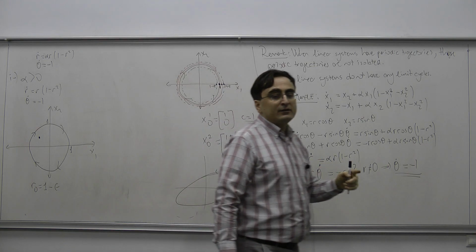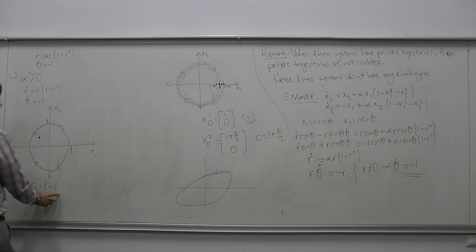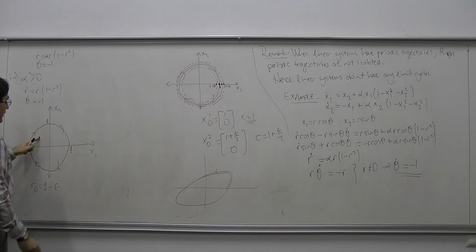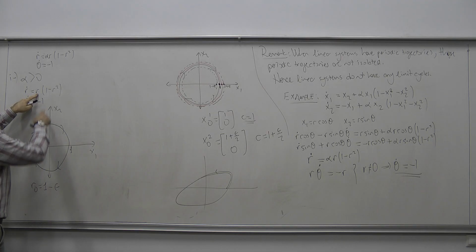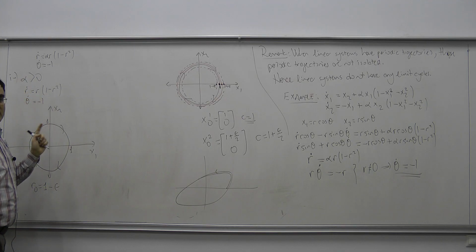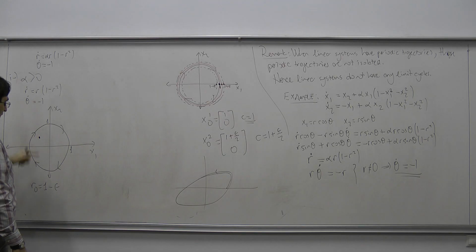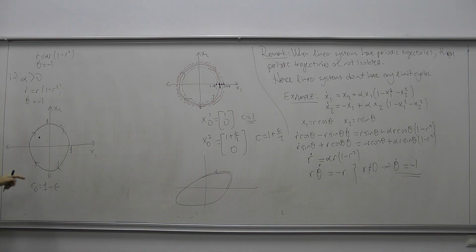And that means that r cannot remain constant, because r is not 0 and 1 minus r squared is not 0 either. That means that r dot is going to be something non-zero. What about its sign? If r0 is 1 minus epsilon, then 1 minus r squared is positive, r is positive, meaning that r dot is going to be positive.